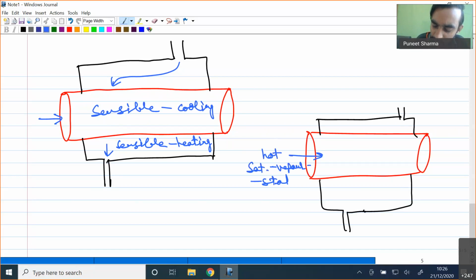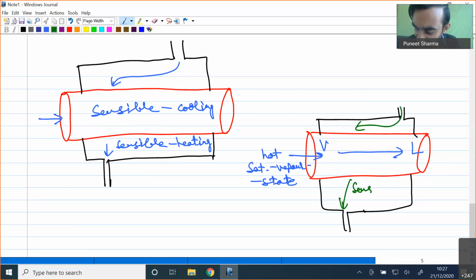So what will happen? For the hot medium, we will have the change of phase from vapor to liquid. And I am considering that for the cold medium I have only a single phase region, so here I'll have nothing but sensible heating. So in this type of heat exchanger, whatever latent heat loss is there in our hot medium, the same amount of sensible heat gain will be there in our cold medium.